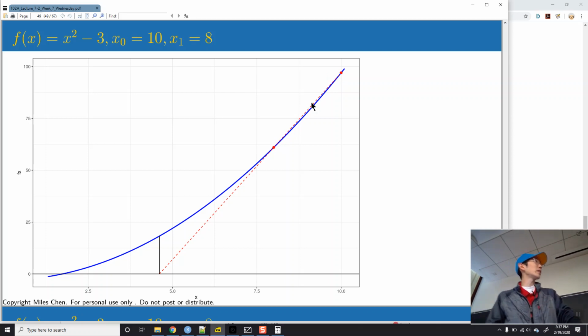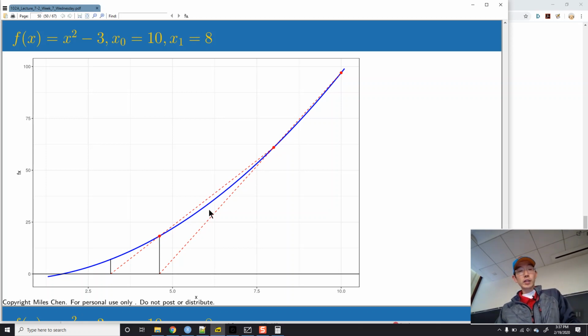Anyway, I have these locations 10 and 8. We draw a line that connects them, trace it down to the x-axis, and that's the location I'm going to use for the next point. I draw a point there and use the last point I had, draw a secant line that connects those two points, and continue that line until it reaches the x-axis again.